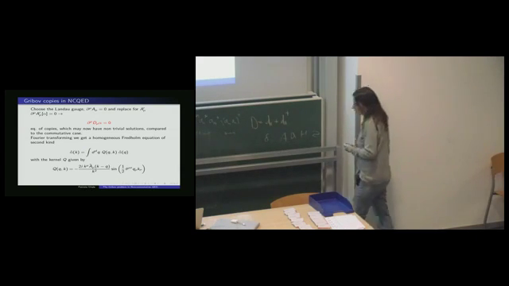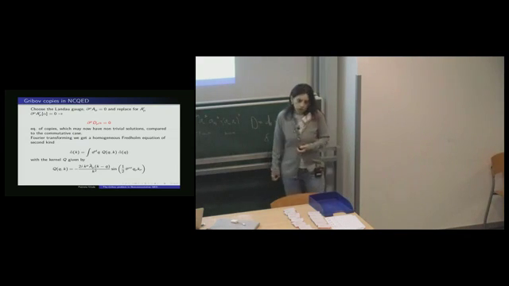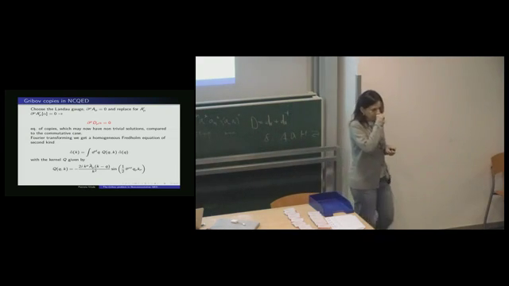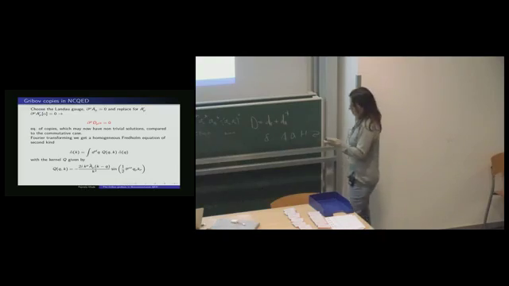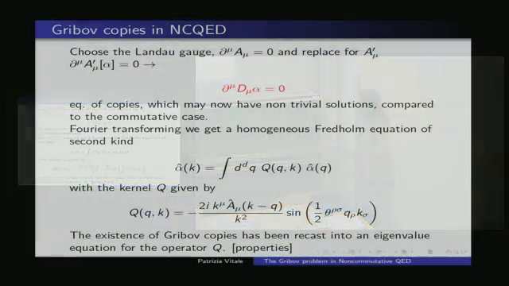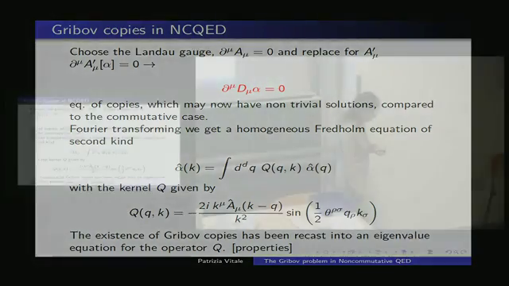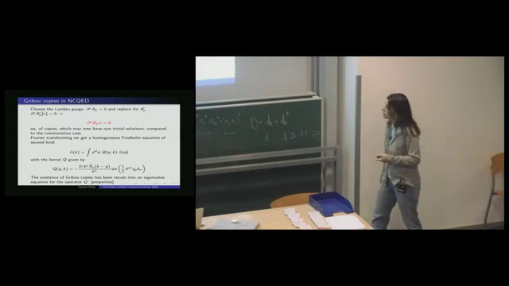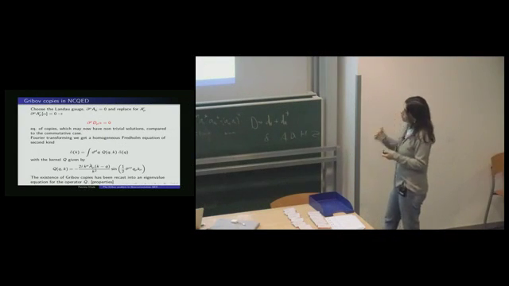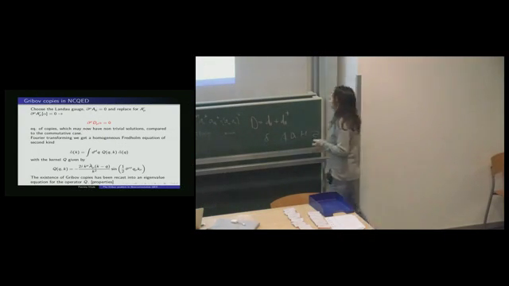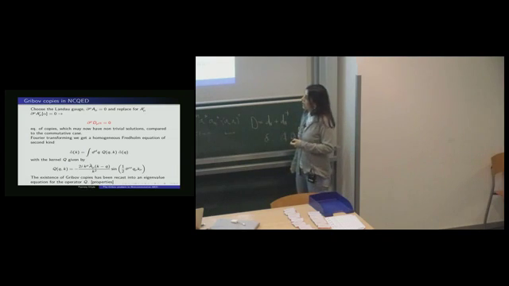So I have an integral equation for the copies. So I have recast the problem of looking at Gribov copies into the problem of solving this equation, which is a homogeneous Fredholm equation of second kind here.